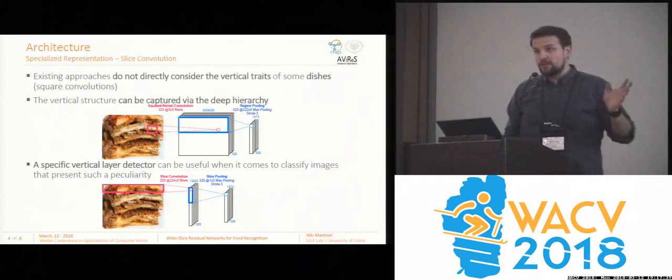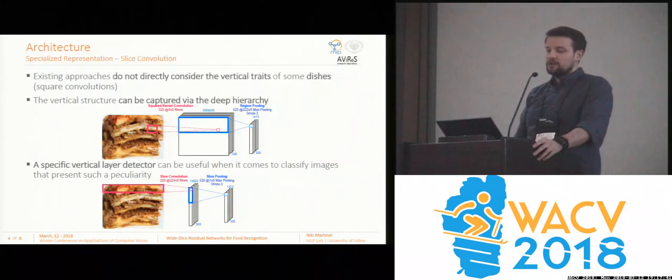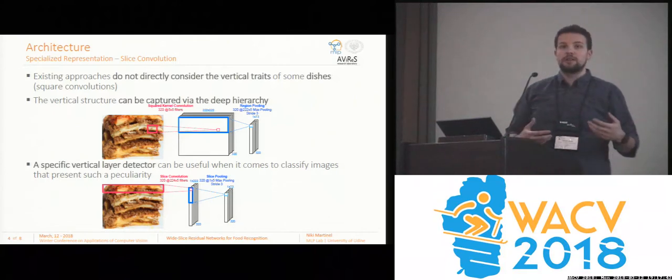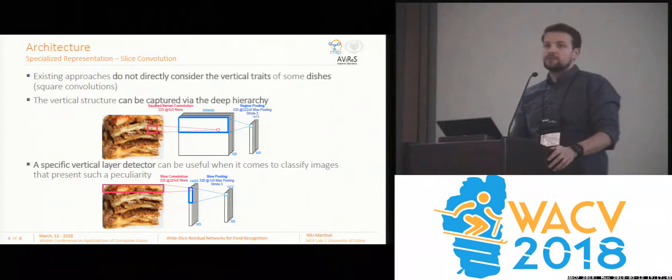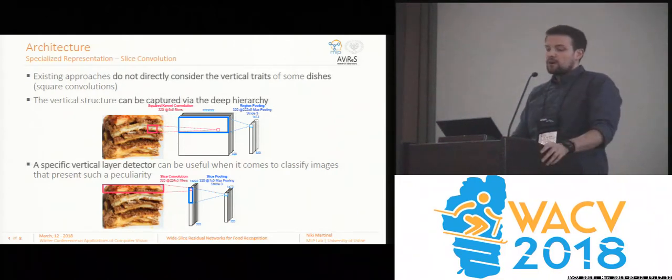Again, a more detailed explanation of the architecture is that some existing approaches do not specifically address these vertical trait structures in images. This is represented by this lasagna slice.